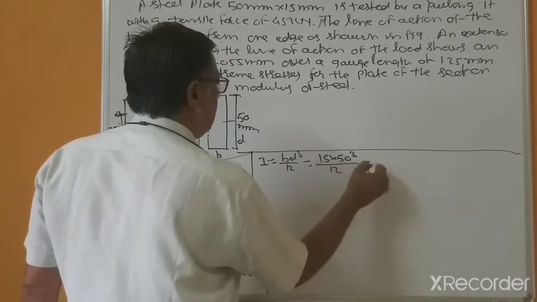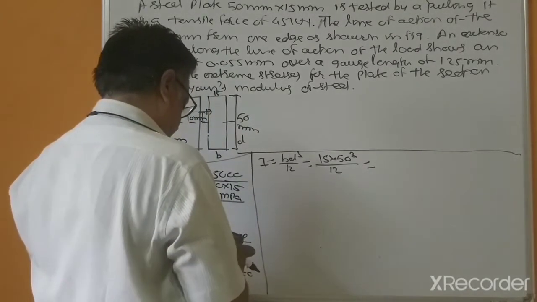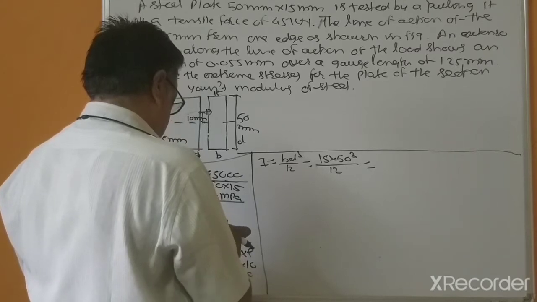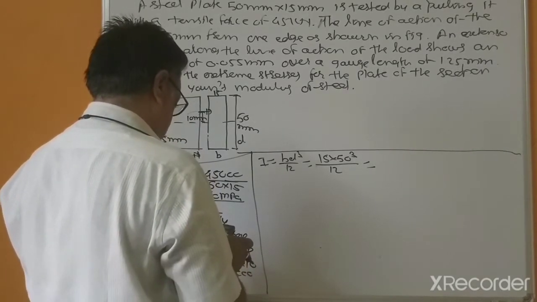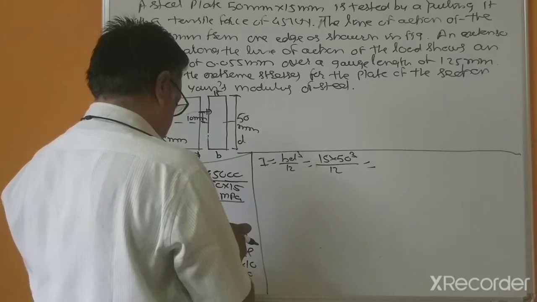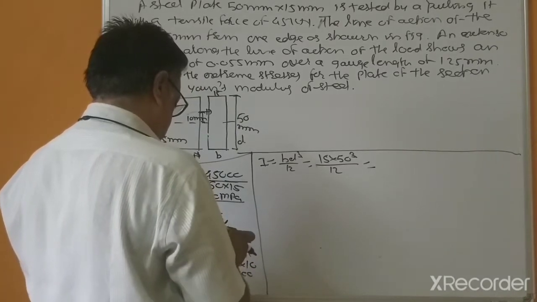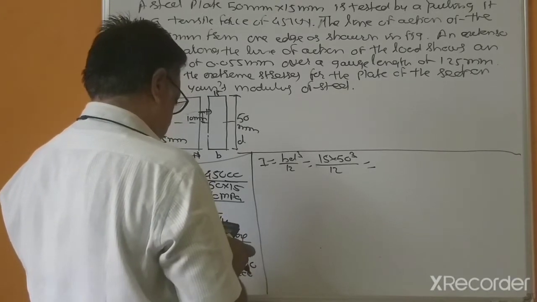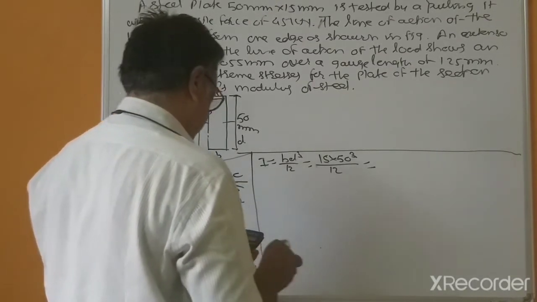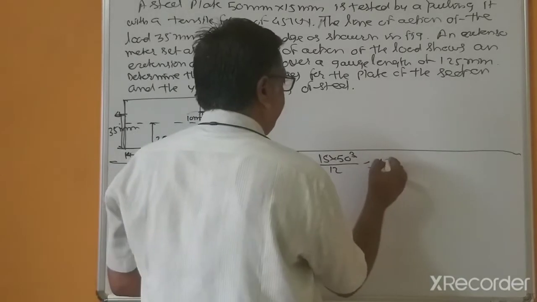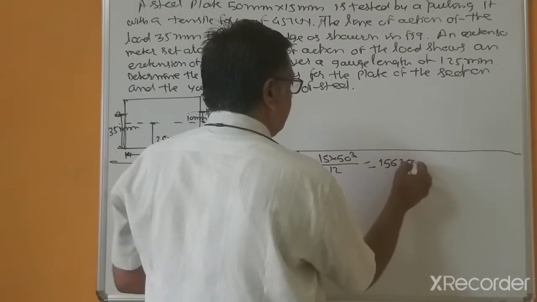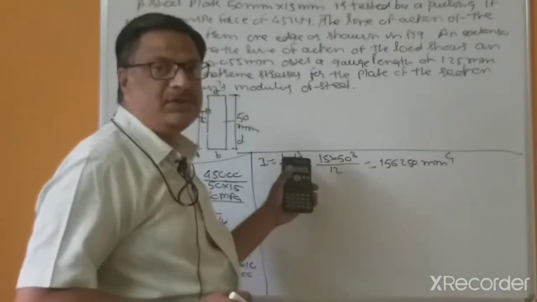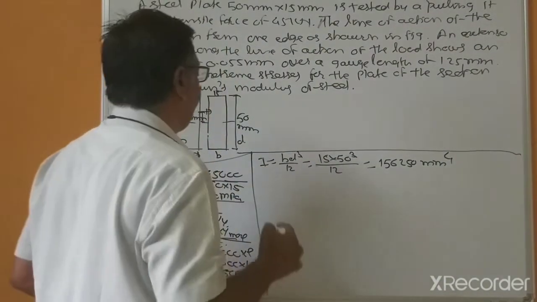So 15 multiplied by 50 cube divided by 12, which is 156,250 mm raised to 4.